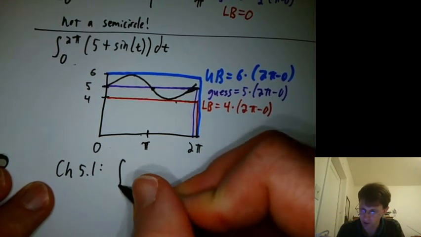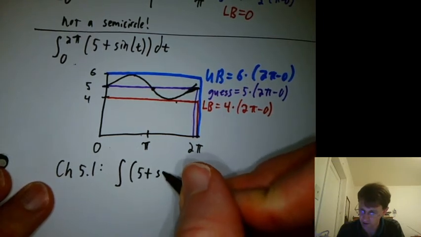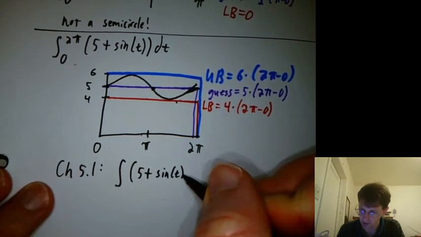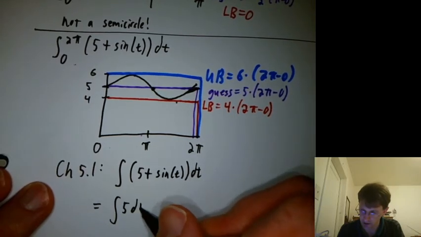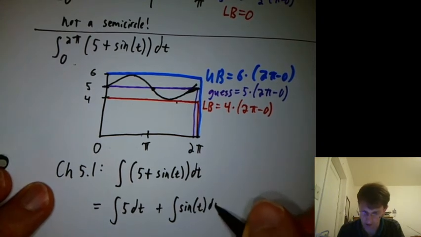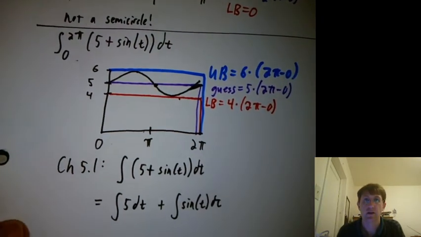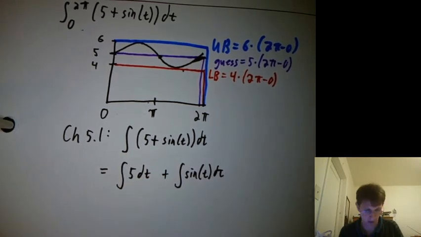In chapter 5.1, indefinite integrals, we would have said the integral of 5 plus sine t dt equals the integral of 5 dt plus the integral of sine t dt. So the integral of a sum is the sum of the integrals in chapter 5.1.